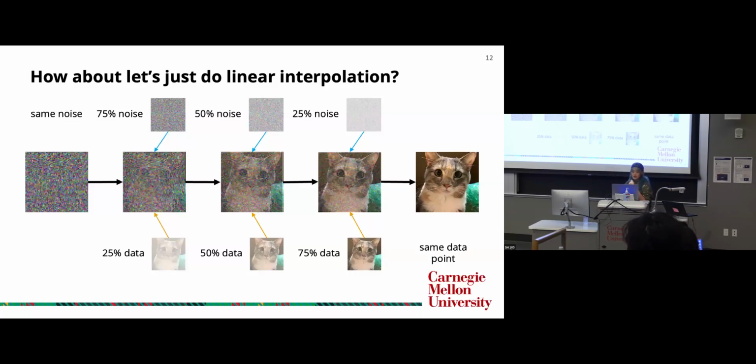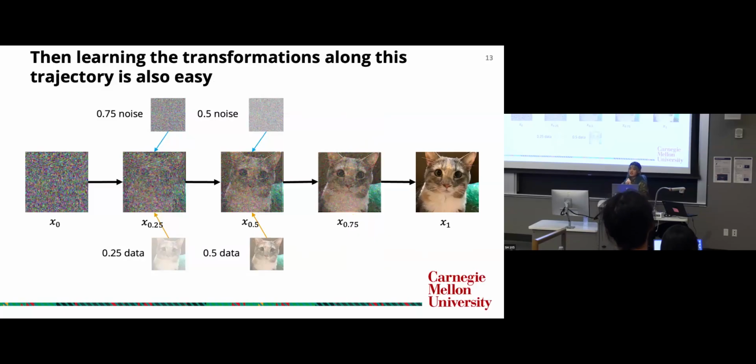Yeah, so remember the same noise, same data. Then learning the transformation along this linear trajectory is super easy, right? Because literally what we can do is say now we want to transform from time 25% to time 50%. Then you literally just need to add 25% more of data and then minus 25% of the noise, right?